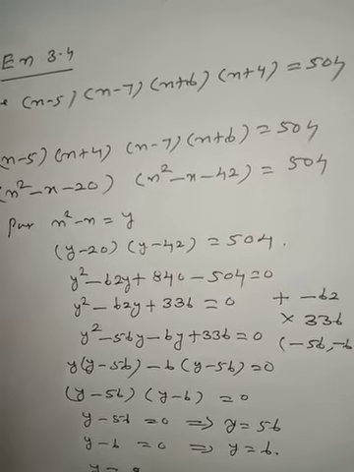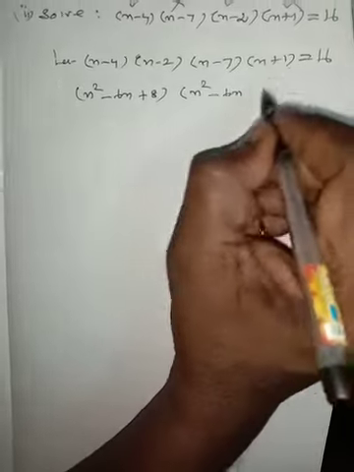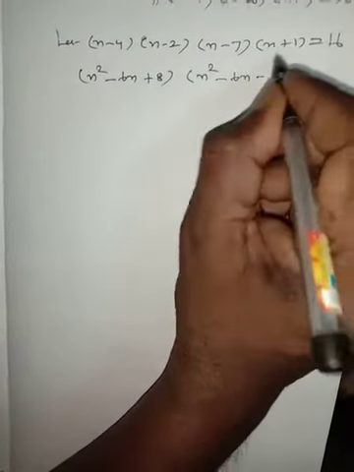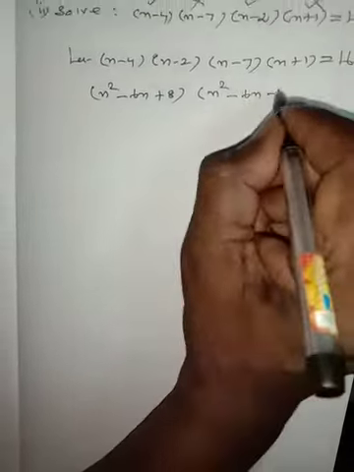Taking the first two factors, the product gives x square minus 6x plus 8, into x square minus 6x minus 7, is equal to 16.